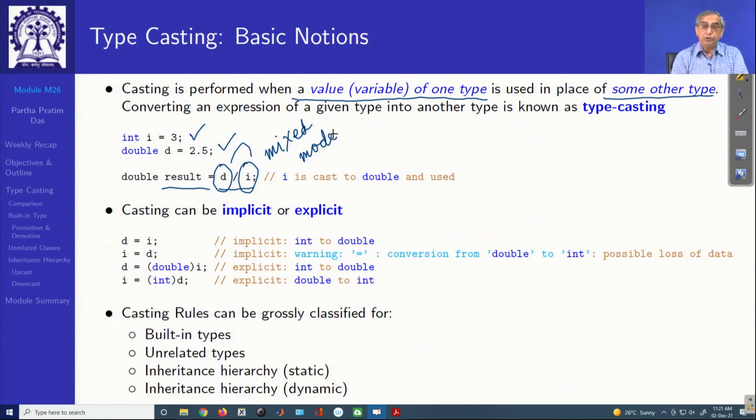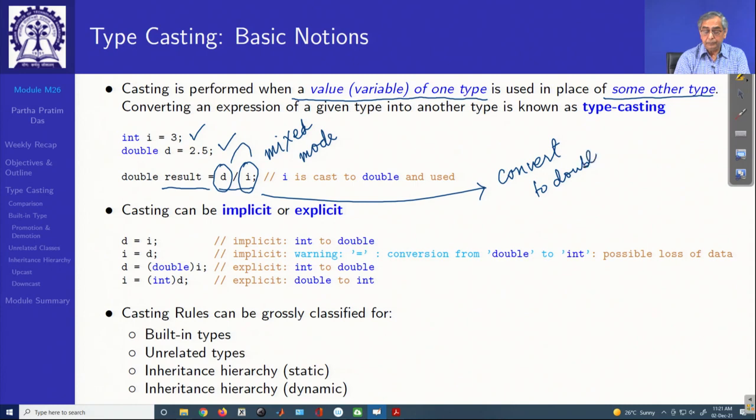So, what the compiler needs to do, since it cannot do this division, is convert this integer value to double. Now, obviously, we will ask the question as to why i is converted to double for the division, why not d converted to int for the division.